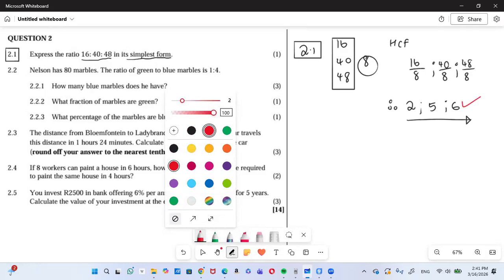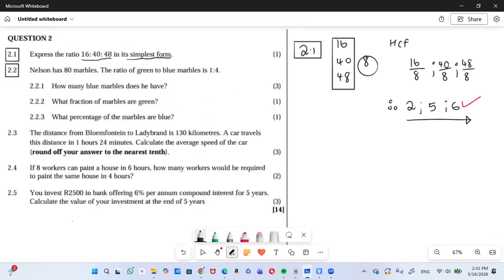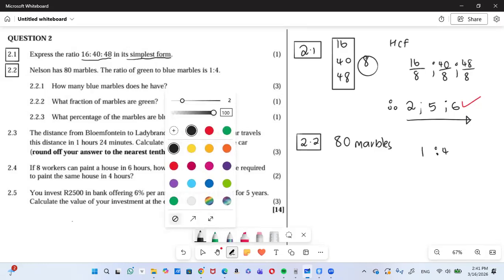Coming to 2.2, it says Nelson has 80 marbles. The ratio of green to blue marbles is 1 to 4. So we have 80 marbles, and the ratio of them is 1 to 4.